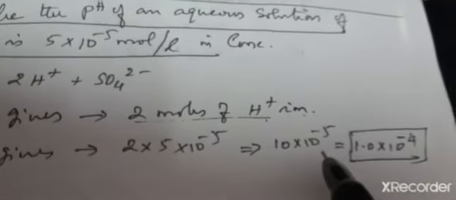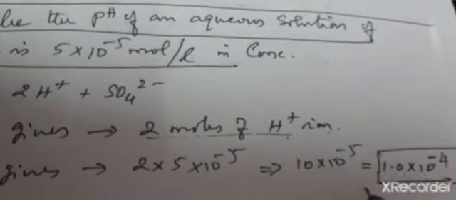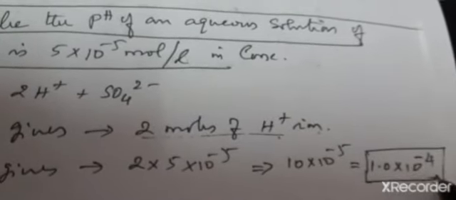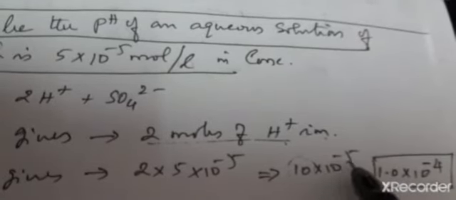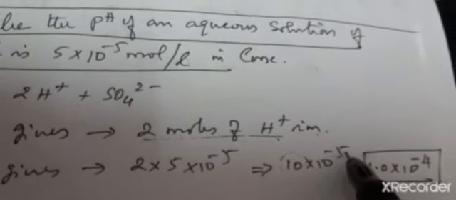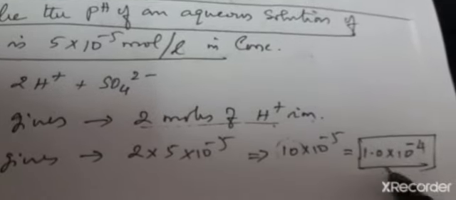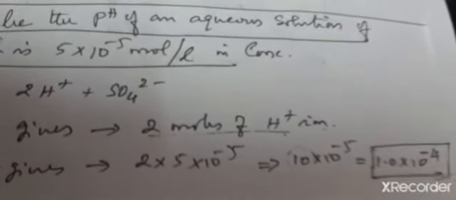So it will be 10 into 10 power minus 5, which can be written as 1.0 into 10 power minus 4. This is the concentration. So you can use this formula: the hydrogen ion concentration is 1.0 into 10 power minus 4.